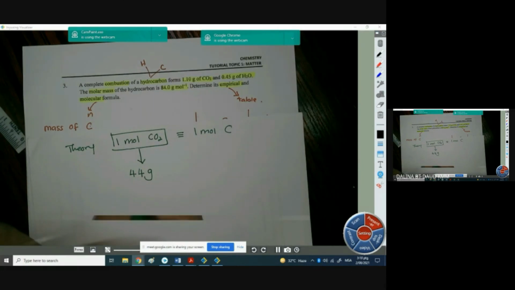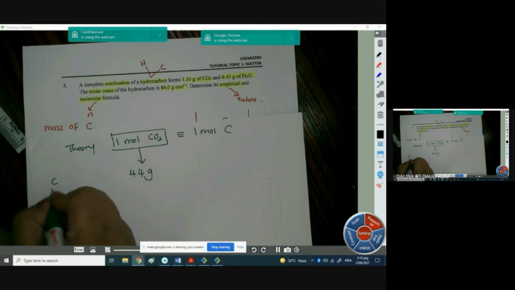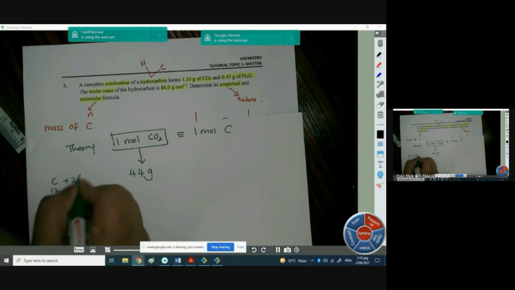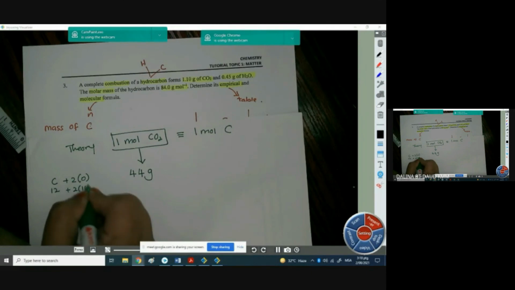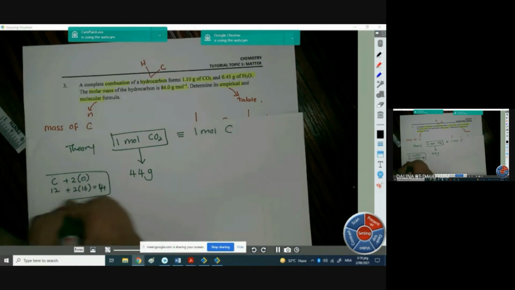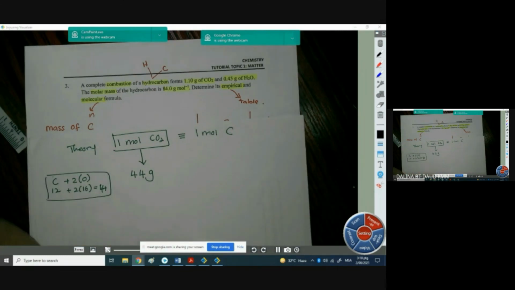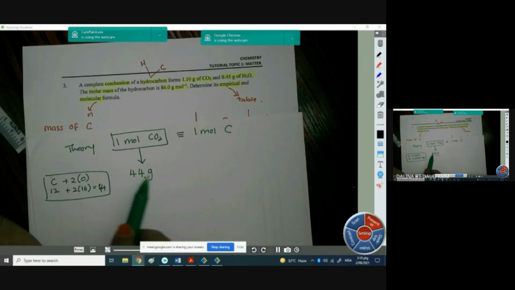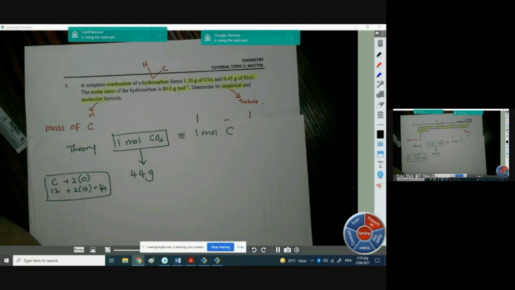Carbon 12 campur dengan 2 darab dengan oksigen, maksudnya 2 darab 16. Total dia 32 campur 12 dapat 44. Okay, tahu tak? Molar mass kan gram per mole, maksudnya 44 gram untuk 1 mole carbon dioxide.